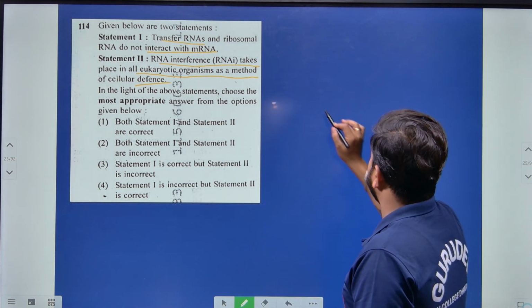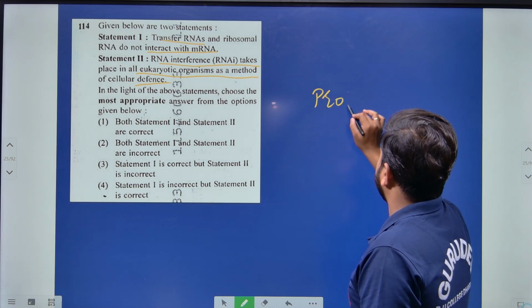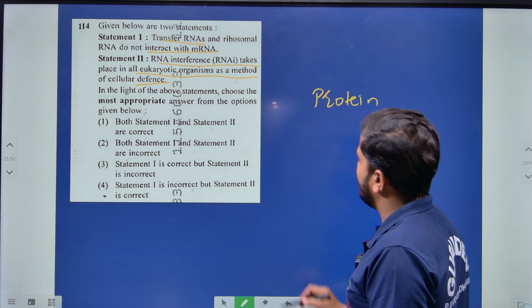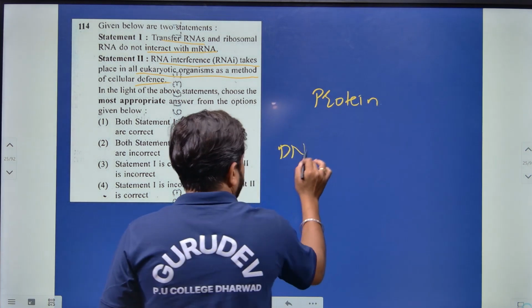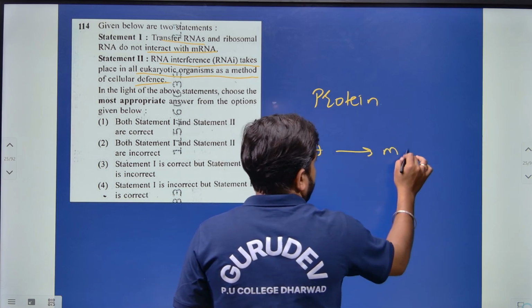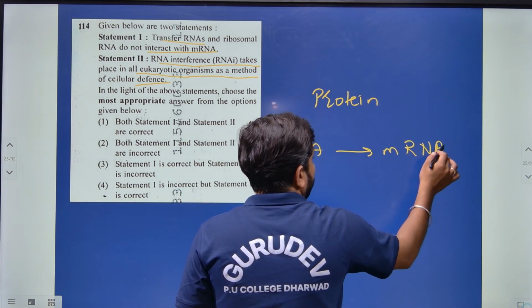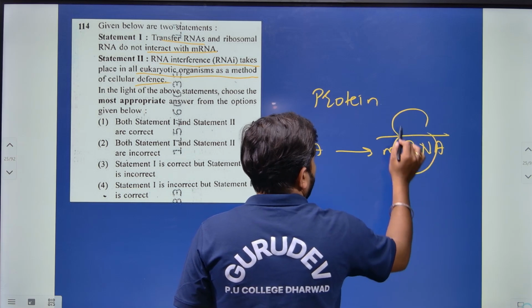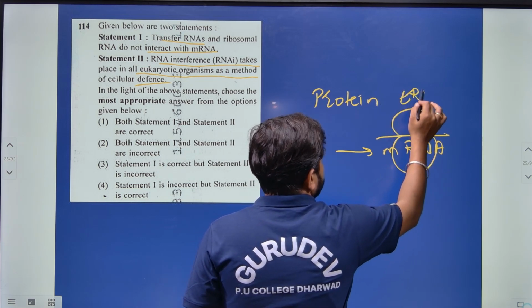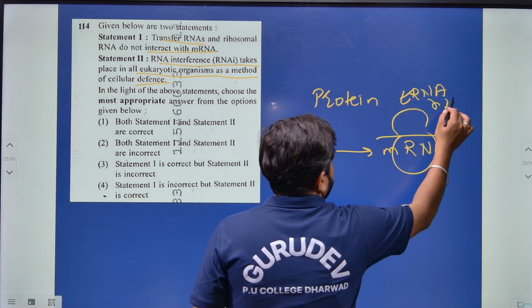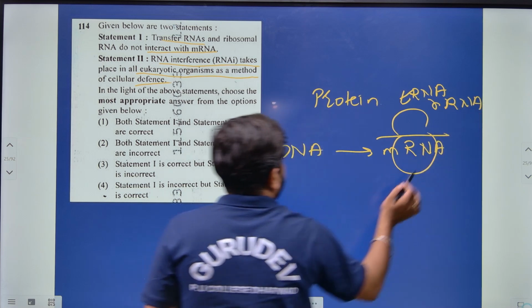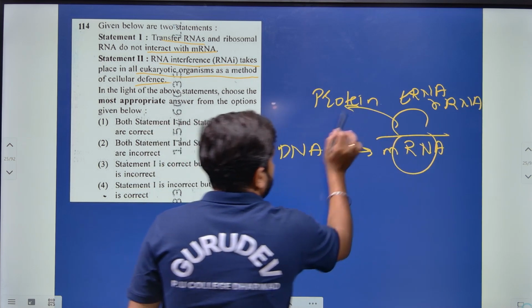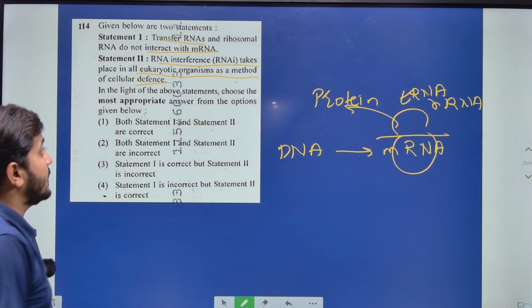Now when there is protein formation, what we know is DNA will pass on its message to the mRNA, right? mRNA will definitely come in contact with both the tRNA as well as the rRNA, so that it can produce the protein.